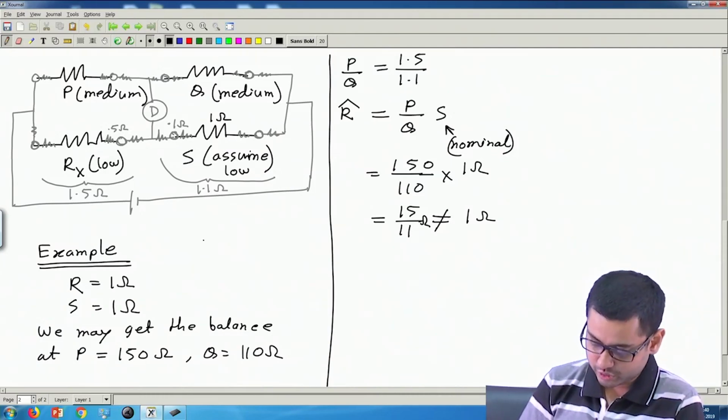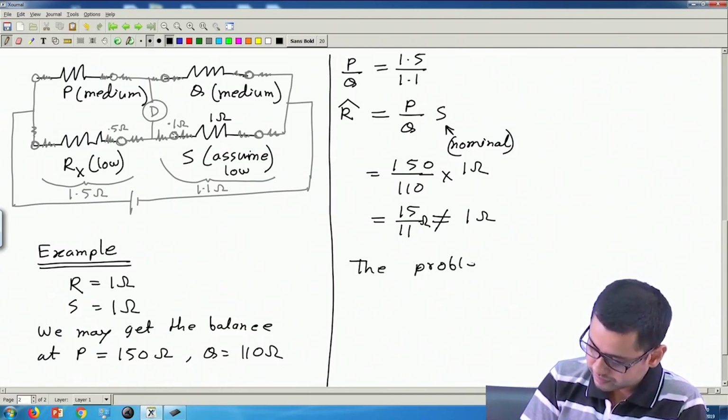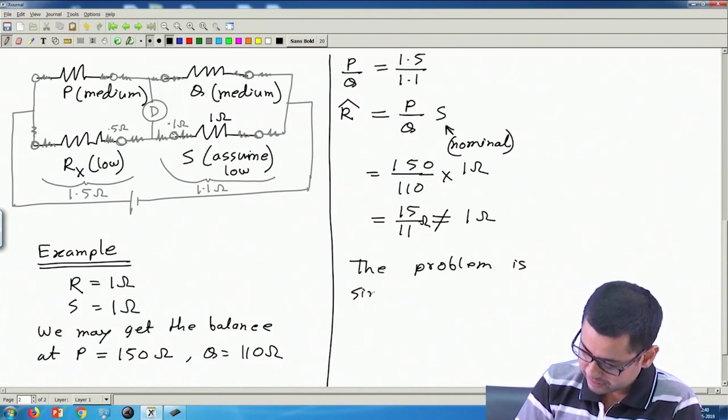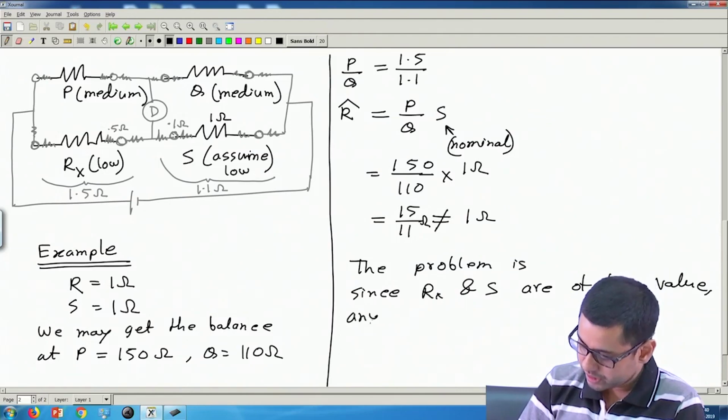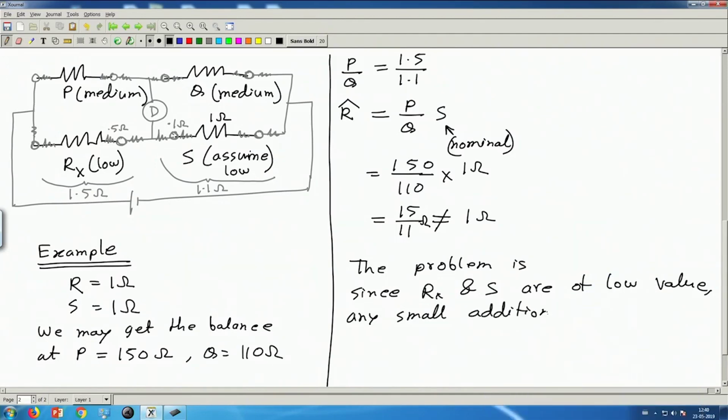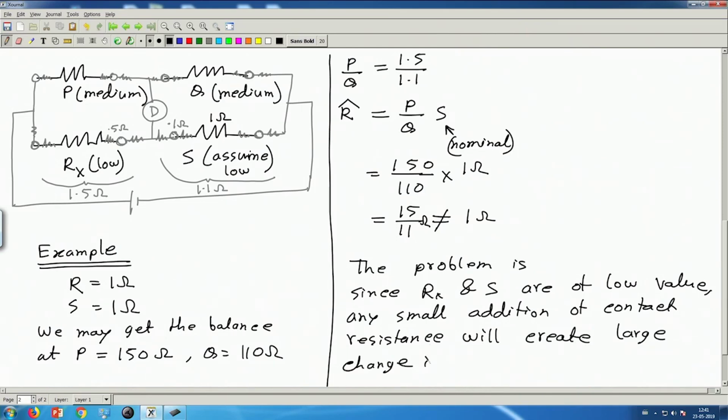So the problem is, since R and S are of low value, any small addition of contact resistance will create a large change in the calculation. Okay. So that is the problem.